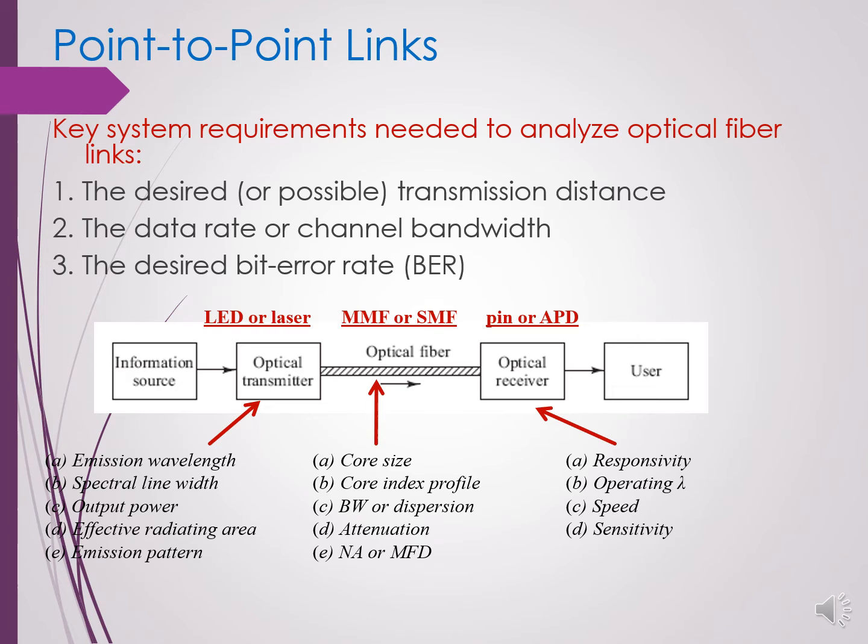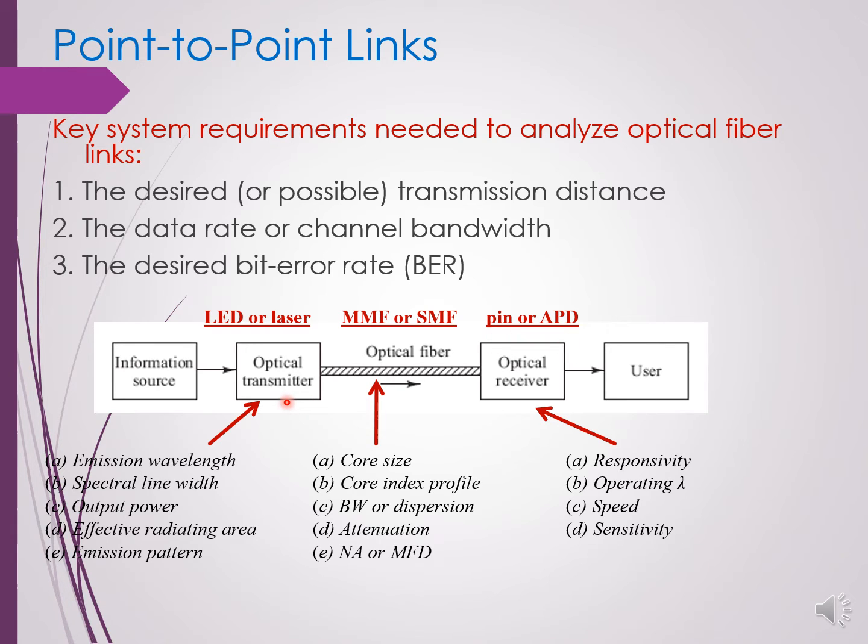So in order to design an optical point-to-point link, first you need to know your desired transmission distance, the bit rate or the channel bandwidth of your system, and also the BER of the network. Then you need to know the optical transmitter that you will use, either an LED or a laser, the type of optical fiber that you want to use, either a multi-mode fiber or a single mode fiber, and finally the type of optical receiver that you want to use, either a PIN or APD photodetector.